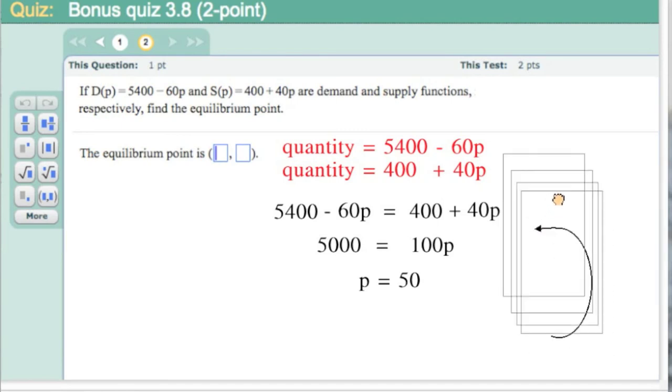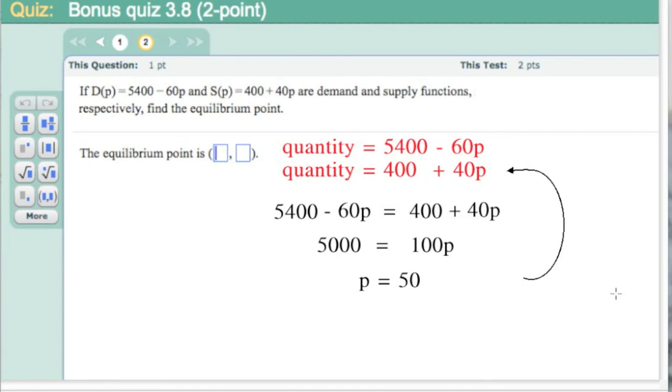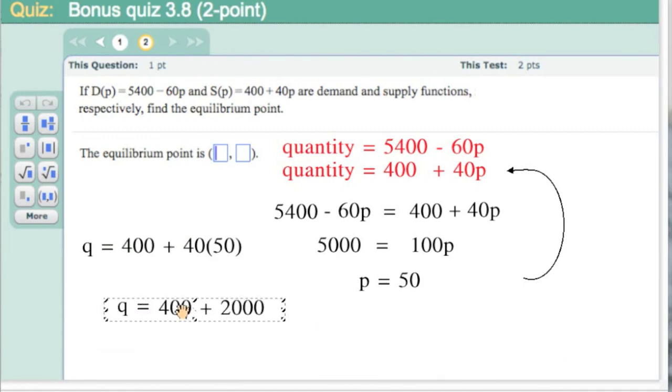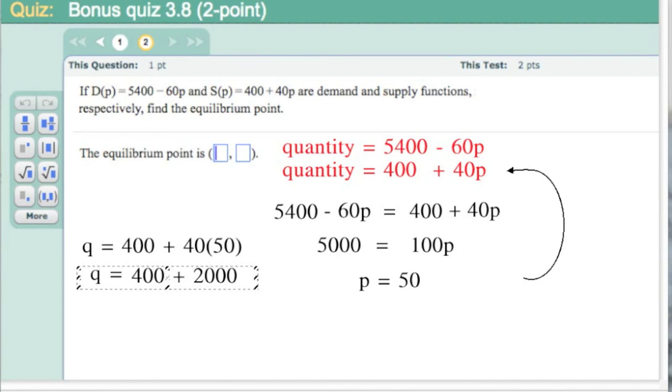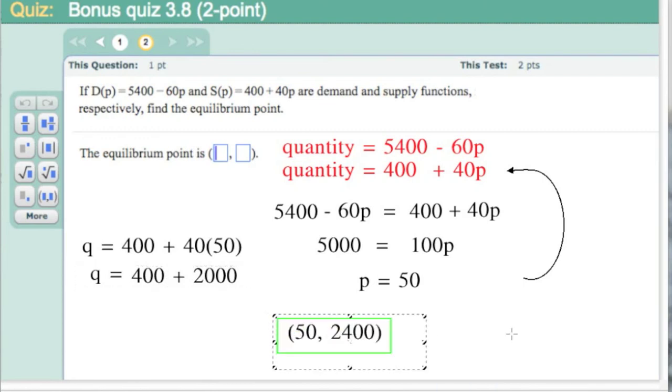Sub that 50 into either one of those equations up there, and I chose the second one, which generated this situation. And when you do the math on that, you get Q is equal to 2400, giving us the ordered pair (50, 2400). That's the ideal price at $50.